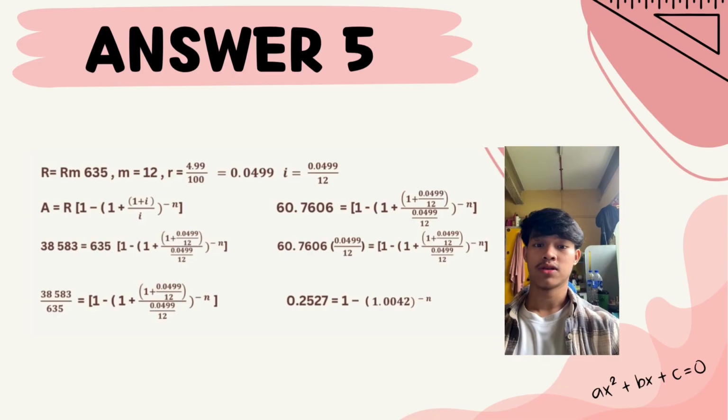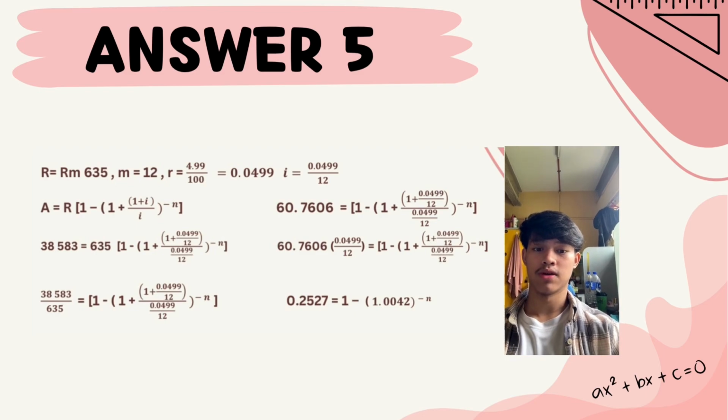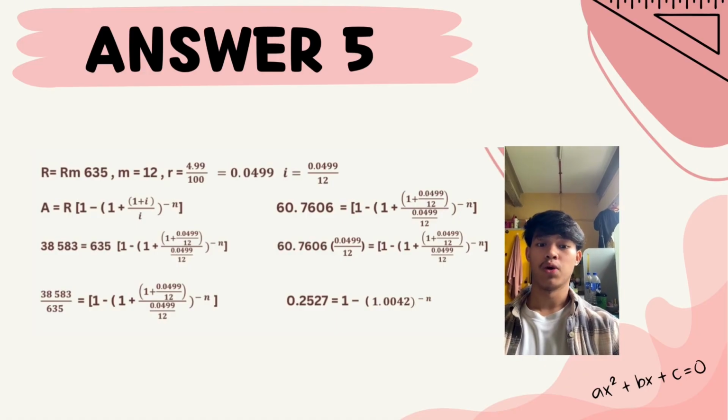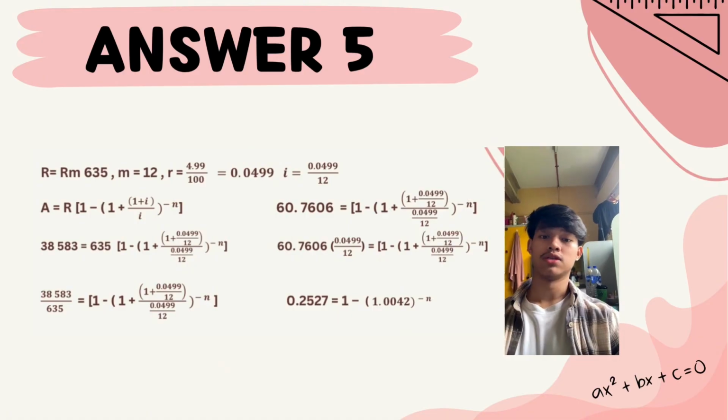And then after that, we plug in the values. After plugging in the values, we divide both sides by 635 ringgit and we get this answer, 60.7606. Then you need to simplify this number, and now we can use the log to find n.